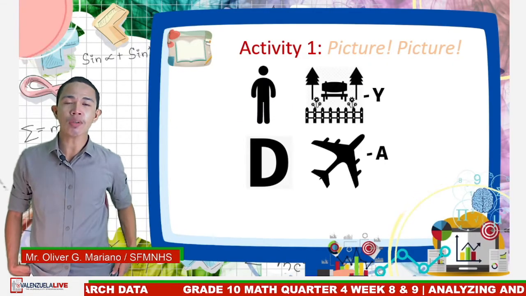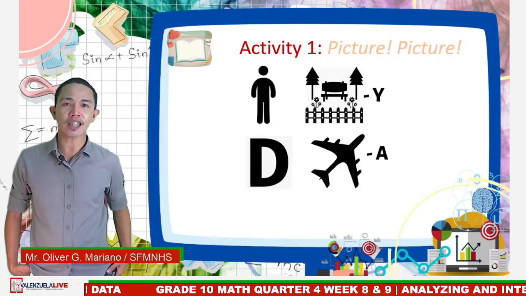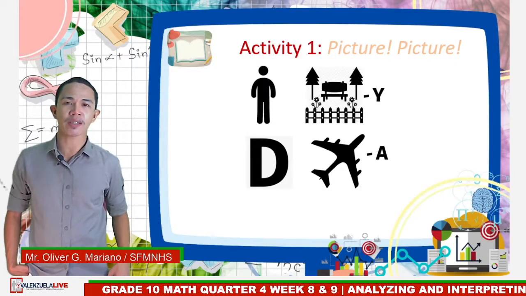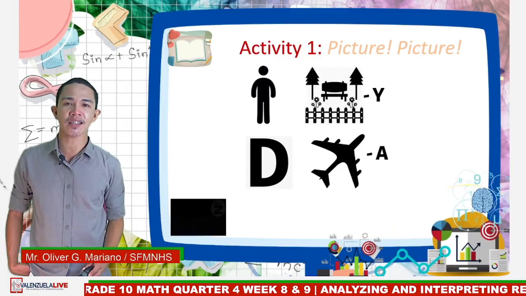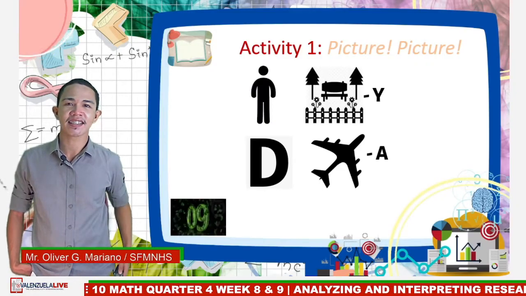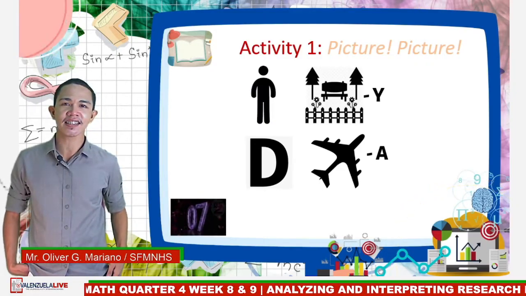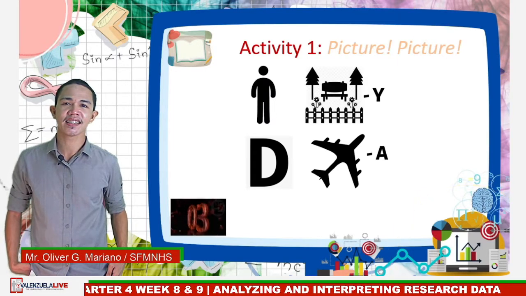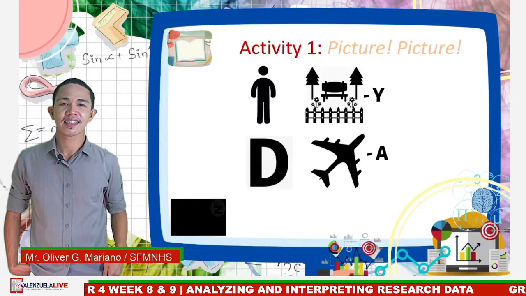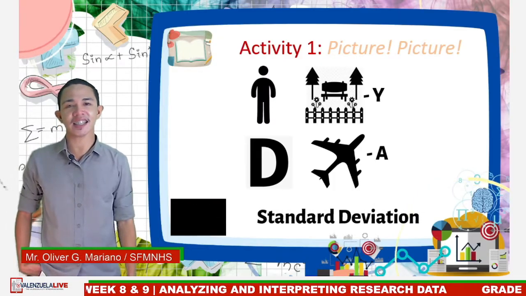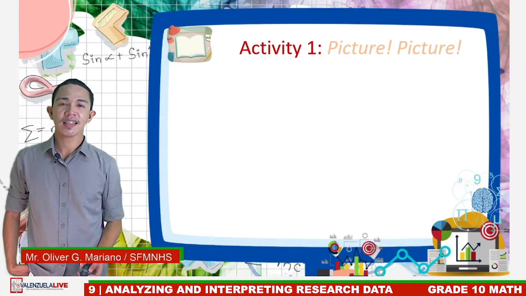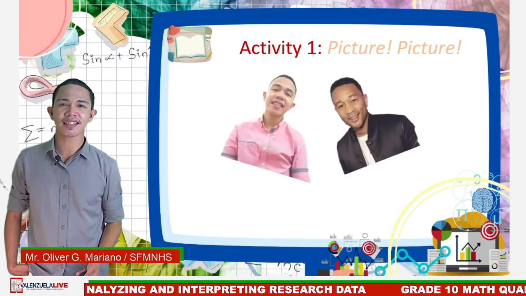As a clue, the statistical term behind these pictures contains two words. You have 10 seconds. Go. All right, that's it. We have standard deviation. Let's have the last one.